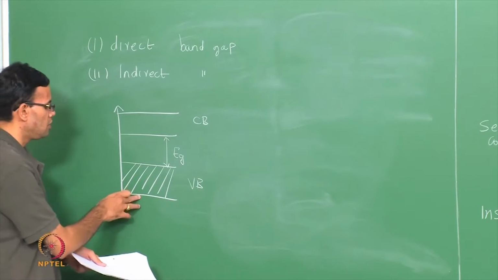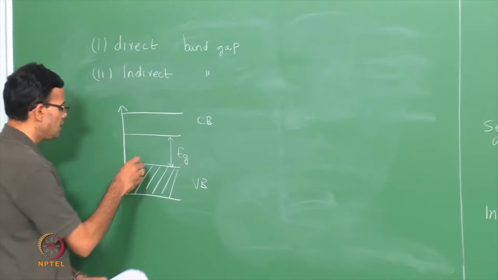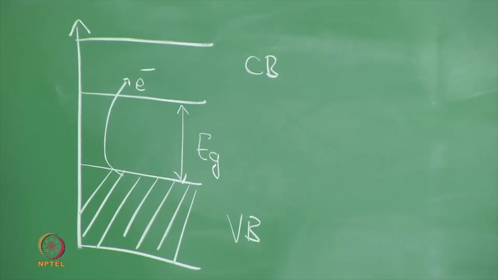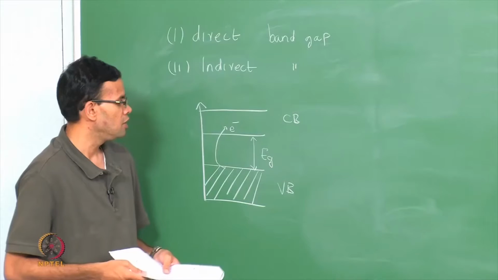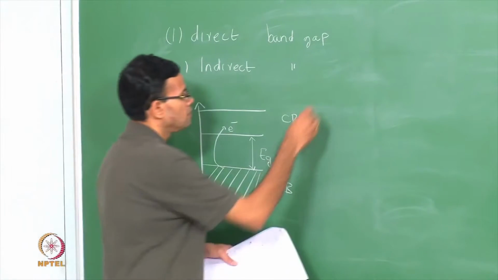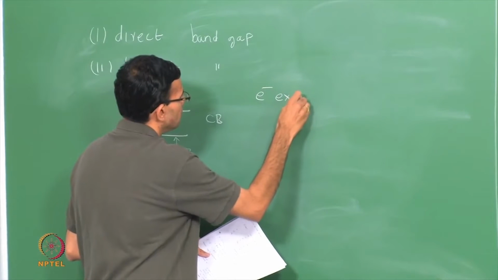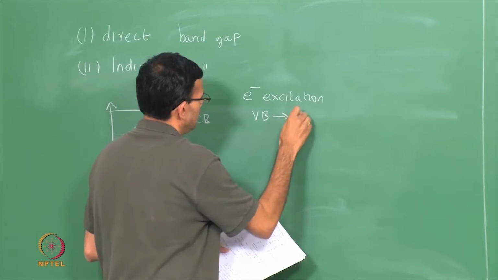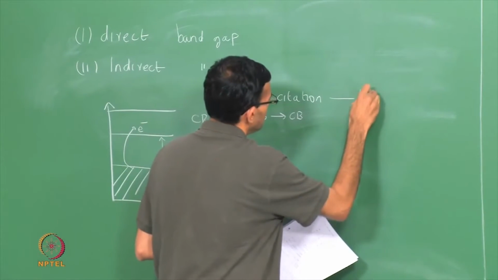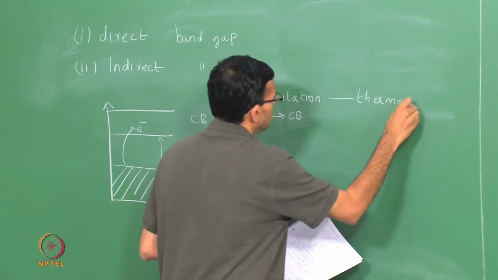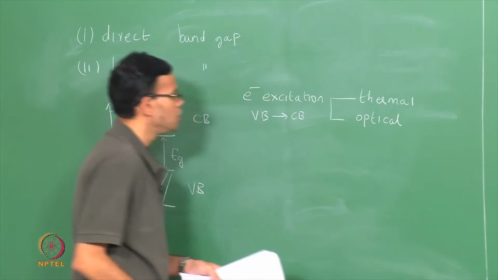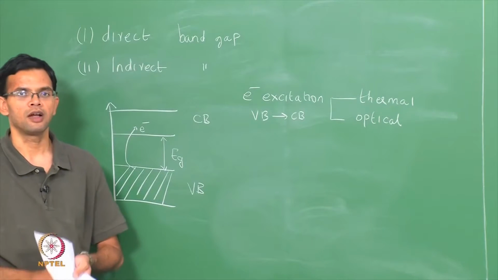So, you have electrons that are there in the valence band. These can be excited to the conduction band. This electron excitation can either occur because of thermal energy or because of optical energy. So, what happens when we have an electron in the conduction band?